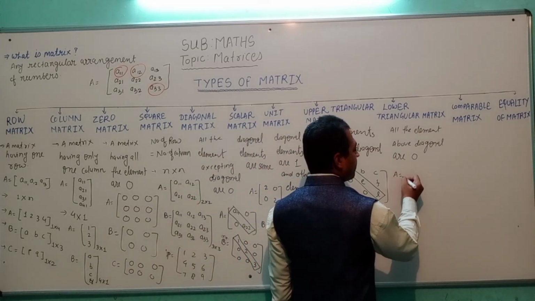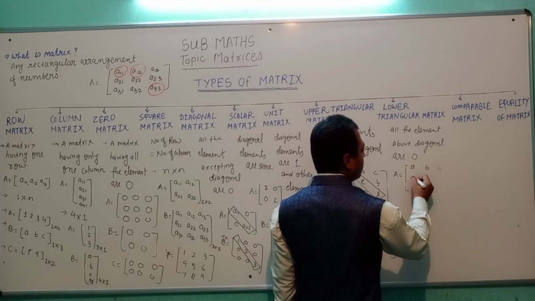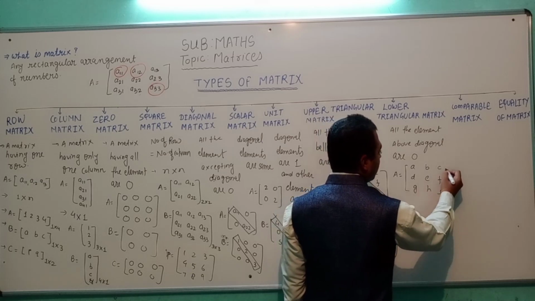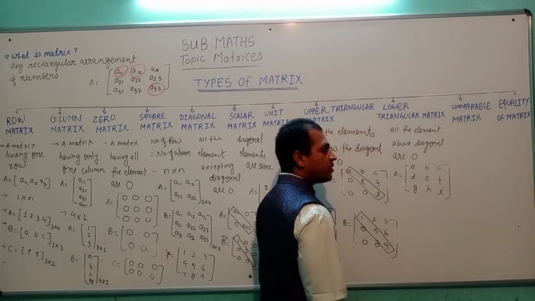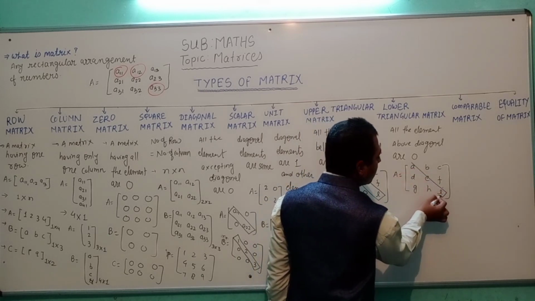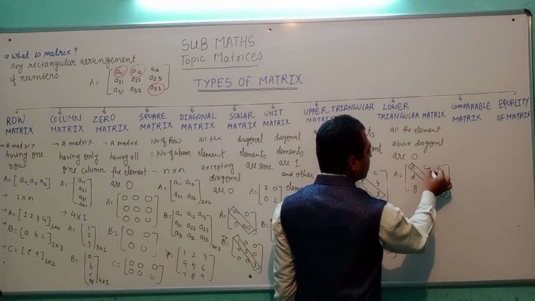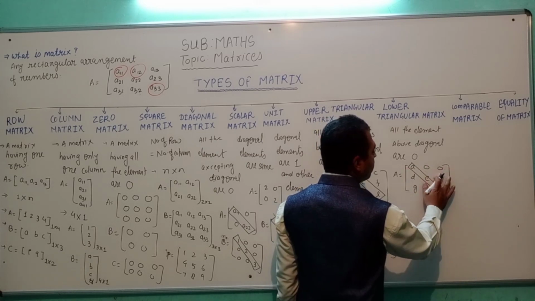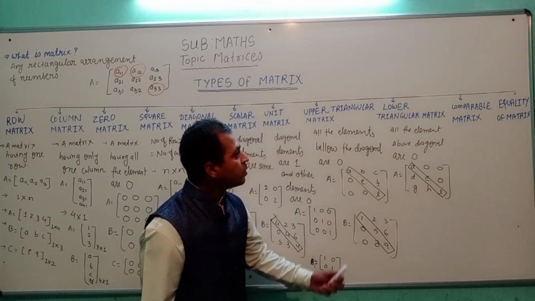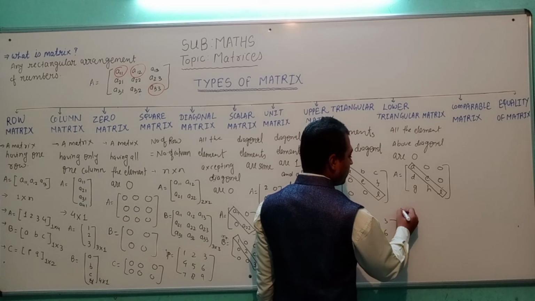Means suppose an example A: a, b, c, d, e, f, g, h, i are all the elements of this matrix, but as per the definition, the elements above the diagonal will be 0. This element will be 0, this element will be 0 and this element will be 0. So this is what? A lower triangular matrix. Let us see another example.